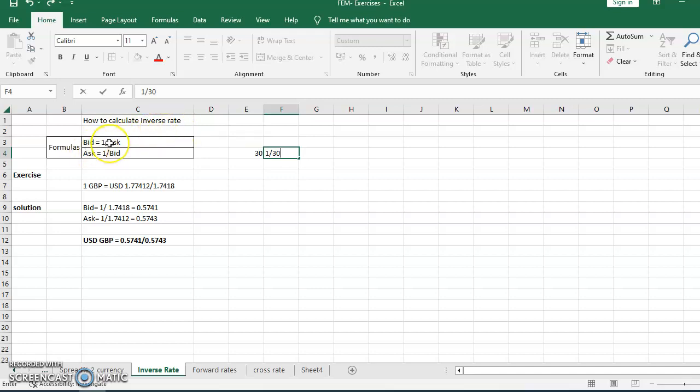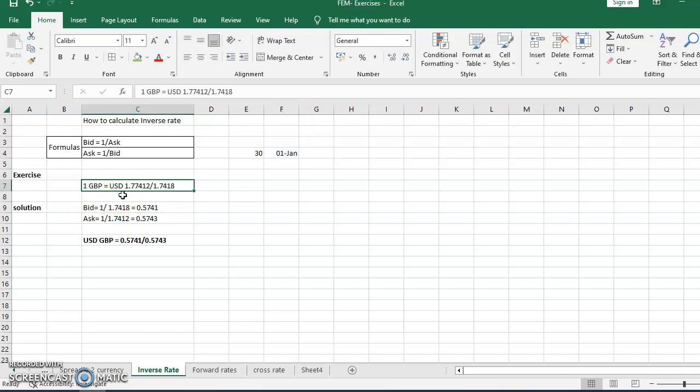We have two formulas which need to be remembered here. One is when we convert the bid to an inverse rate, we use the formula 1 divided by ask. In the same way, when we calculate the inverse rate of the ask, we use the formula 1 divided by bid. I have taken an exercise. The exercise is: 1 Great Britain pound is equal to USD 1.7412 and 1.7418.